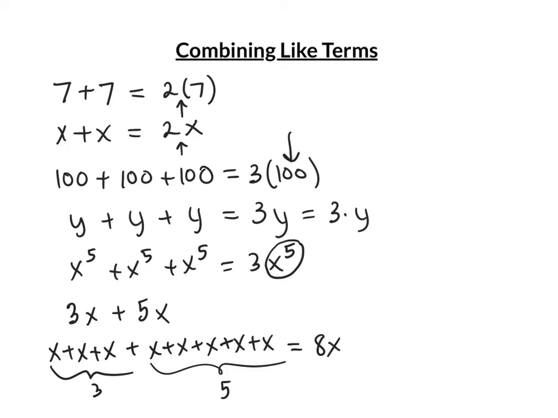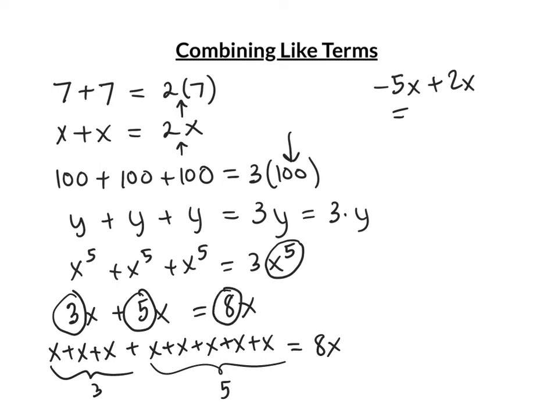There are 8 x's. So 3x plus 5x is 8x. If I ask you to add negative 5x plus 2x, notice that all we do is add the coefficients. Down below I added the 3 and the 5 to get the 8. So here I would add the negative 5 and the 2, and that's negative 3. Negative 3x is my answer.